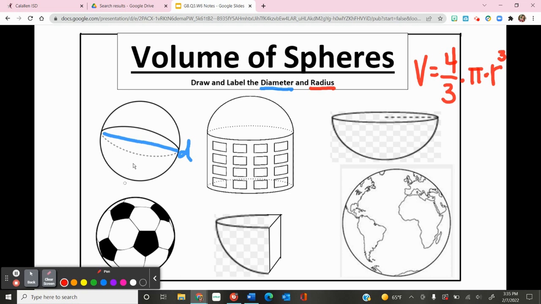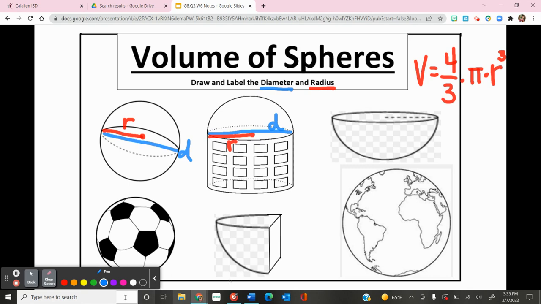Now the radius would only go halfway. So this would be the radius. Looking at this shape here, again, my diameter would go all the way across, and then my radius would only go halfway. So this is my radius, and then this would be the diameter.